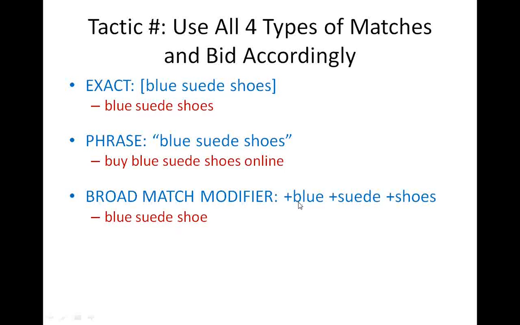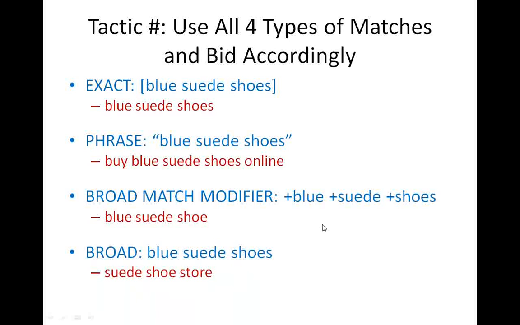Okay, but if someone searches for red, they're not gonna find it because it's a completely different keyword. And then we have broad, and with broad matches, you're basically telling Google, this is what I sell, this is what I have to offer. But if someone searches for something remotely similar, show my ad anyway.